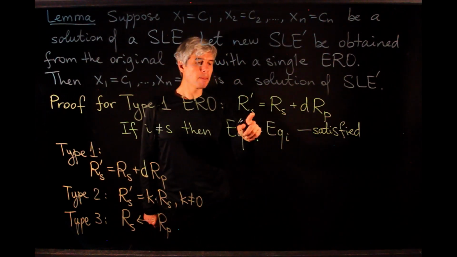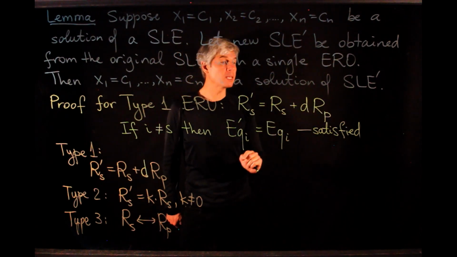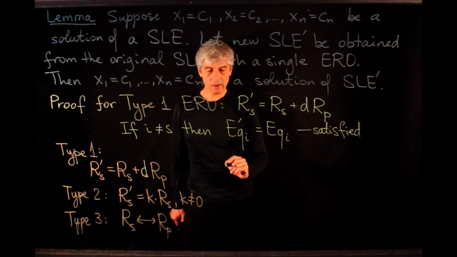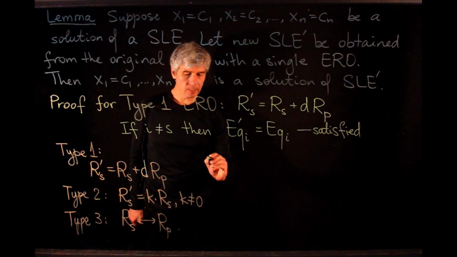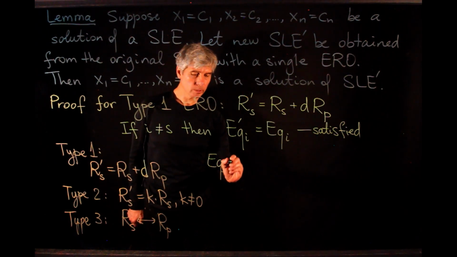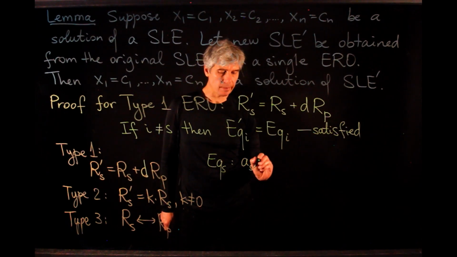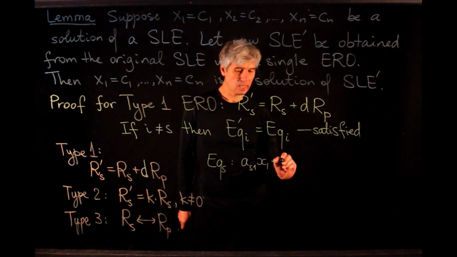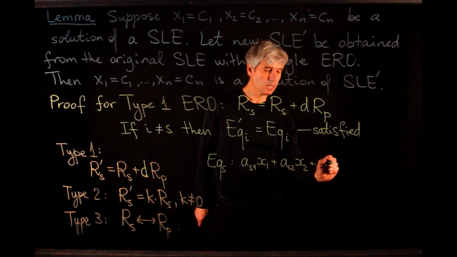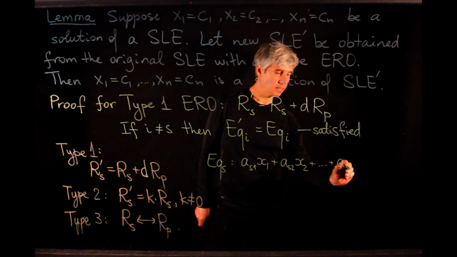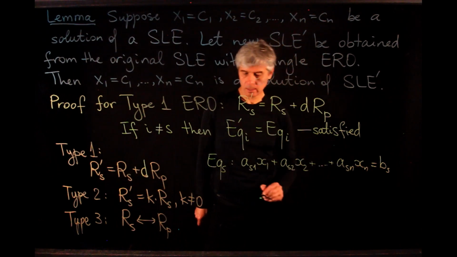It's made out of equation number S in the old system and equation number P in the old system. Let us write down these two equations. What is equation number S in the old system? It is written like this: AS1 x1 plus AS2 x2 plus ... plus ASN xn is equal to BS.